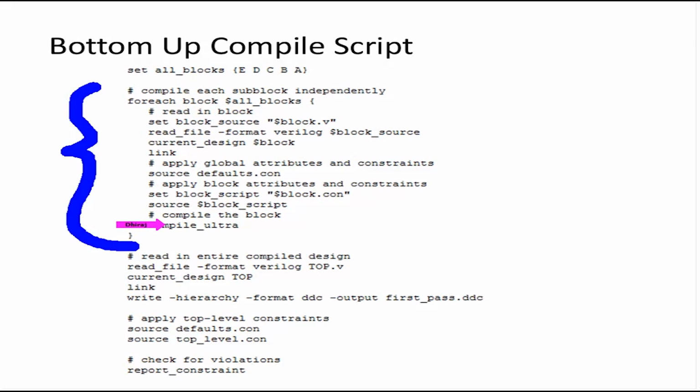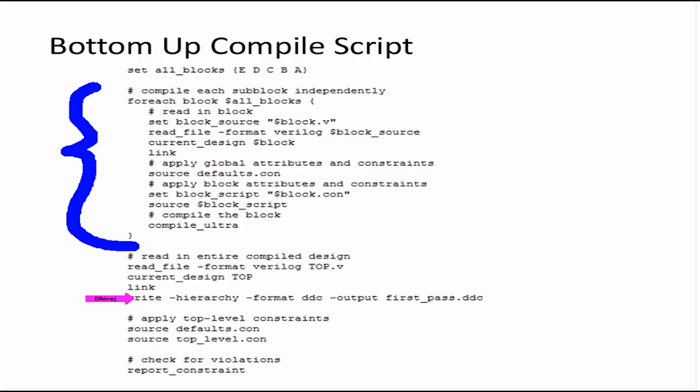That is, it is compiling all these small subdesigns. Now we go ahead and read the top level design, set the current design to be top, we link, and we write out the first part. Now, why did we not use a compile command here? It is assuming that the top level does not contain any logic.